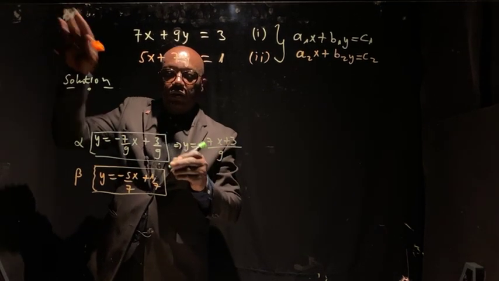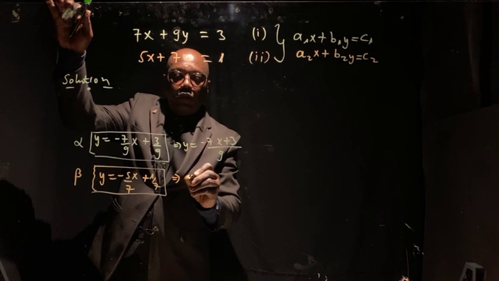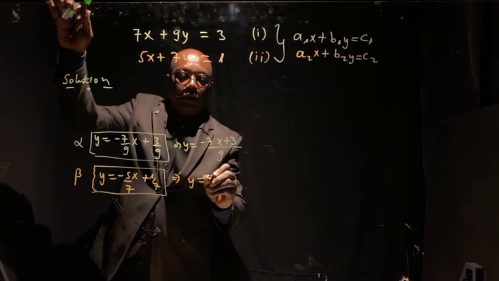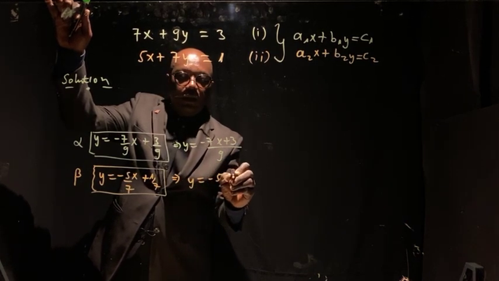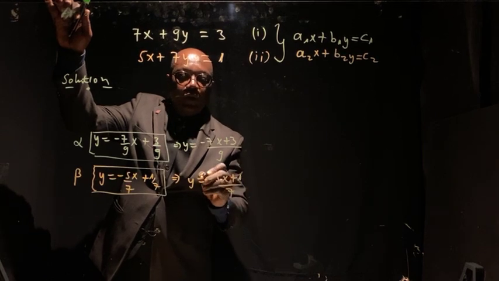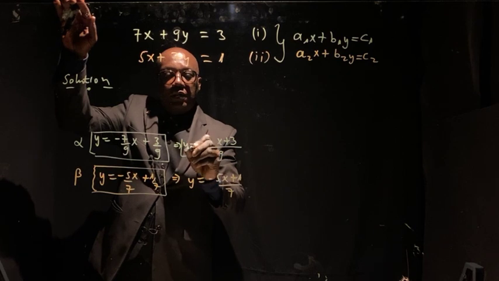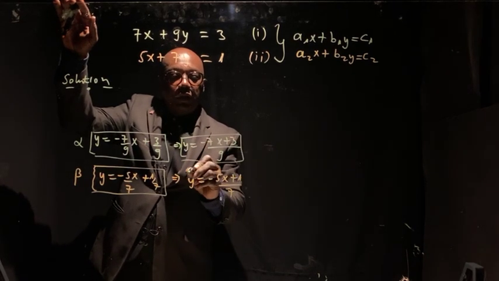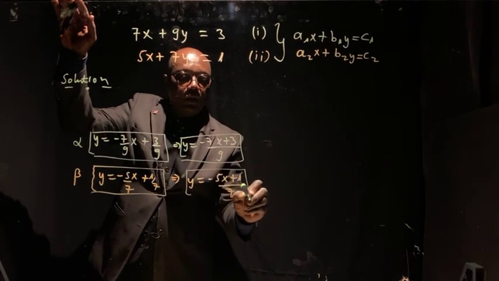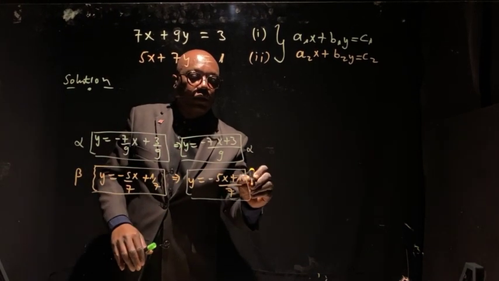And this one is also not different from y equals -5x plus 1 over 7. This is still equation alpha, and this is still equation beta.